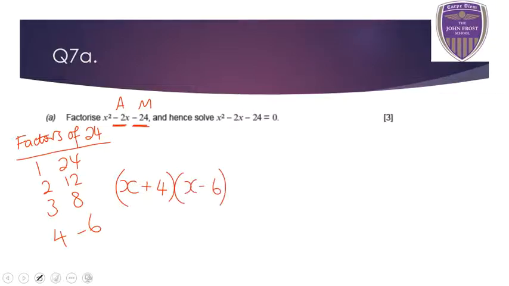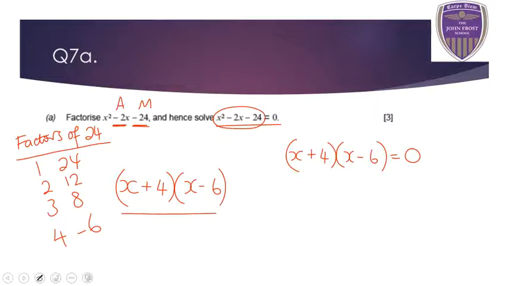But it then says, and hence solve. So basically, you make that into x plus 4, x minus 6 equal to 0, because you're replacing that with the two factors that you've just worked out.